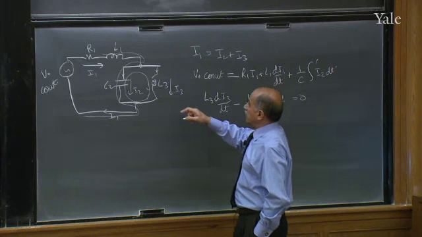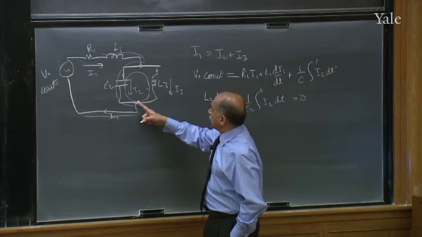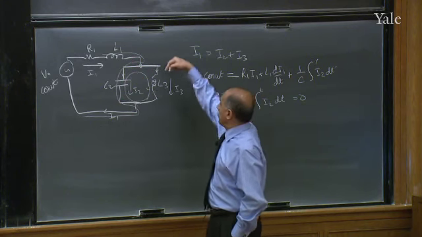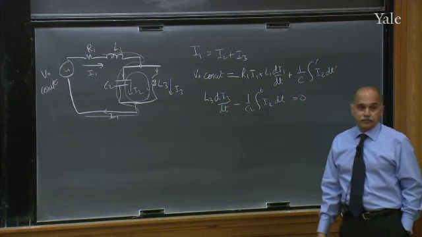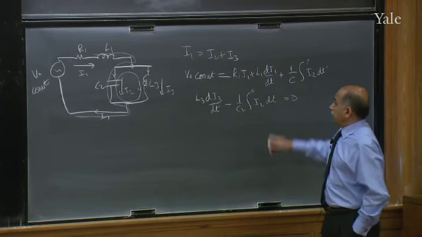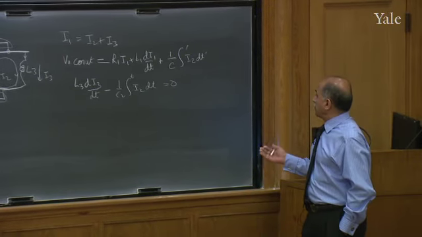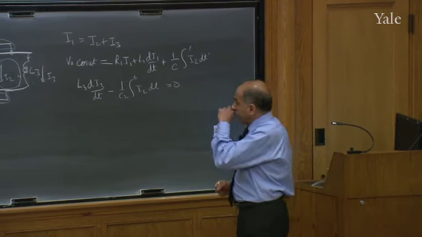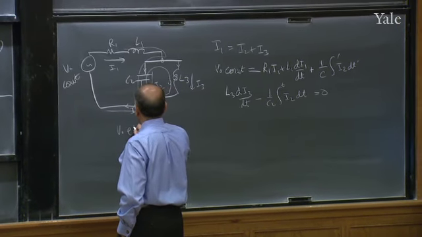The minus sign comes because the current is assumed to flow this way and your loop goes counter to the current. You're going uphill, so everything should be subtracted. But if you go down, you can write it going down this way. So these are the three equations to solve. They're complicated because there are differentials, there are integrals. But if I solve the following problem, V0 e^(iωt).